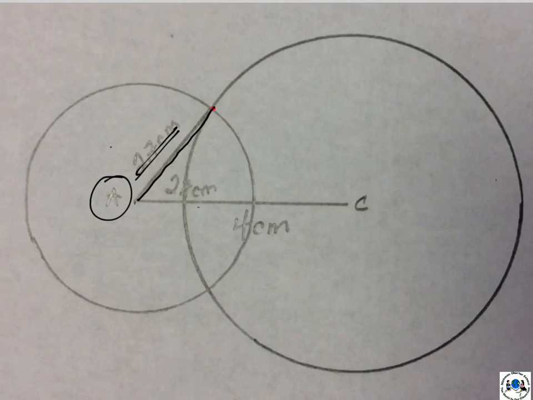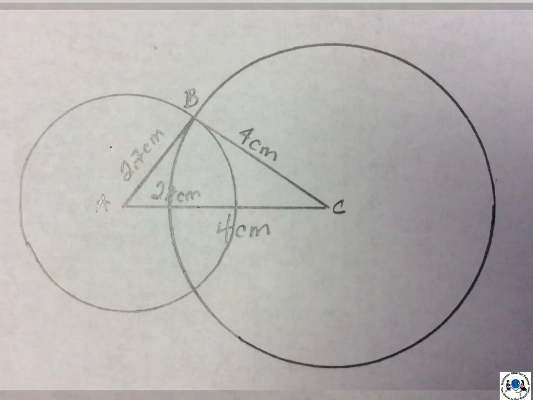That was one of my conditions. And then, of course, what do I do for C? For the other side, I just draw a line from what is now B over to C, and that is 4 centimeters long as well.